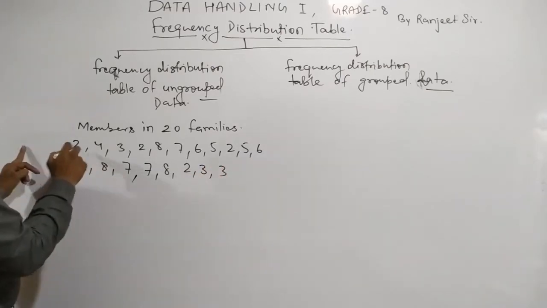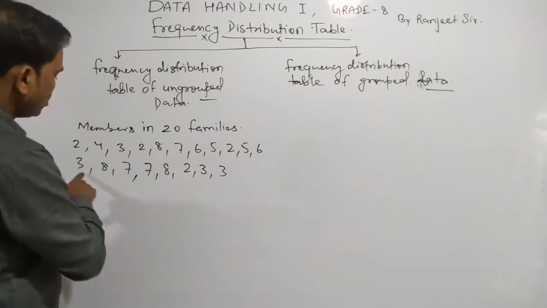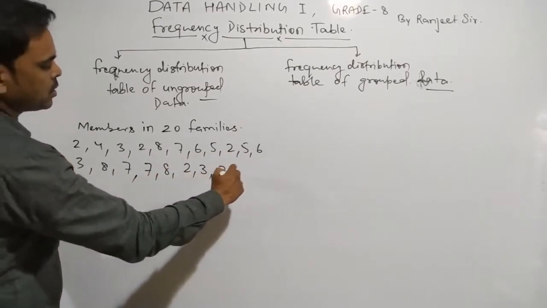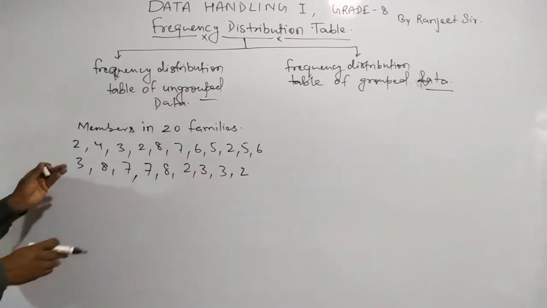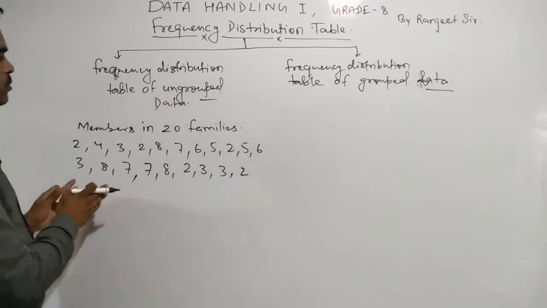Once again I count: 1, 2, 3, up to 19, and one more I take 2. So here you can see 20 families are there.